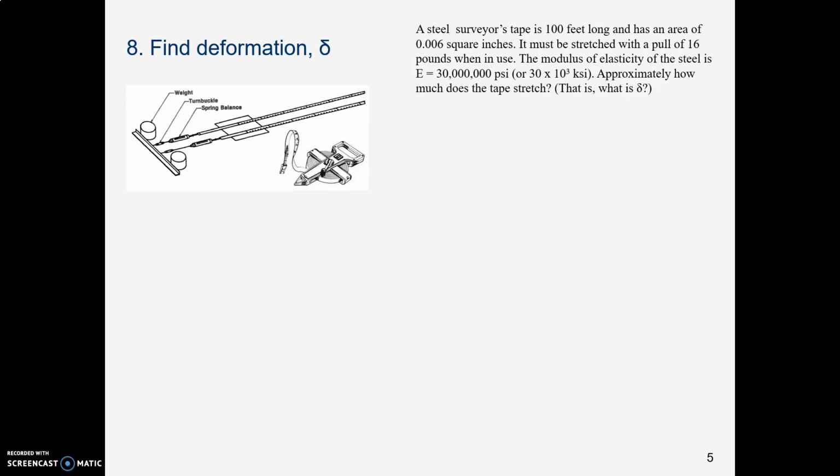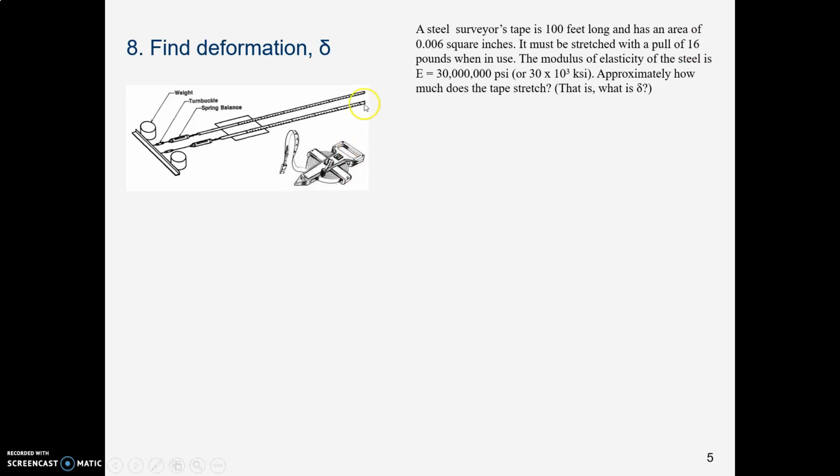All right, then on the next question, we have a surveyor's tape. It's a 100-foot tape, and it's made of thin metal, so its area is actually 6/1000ths of a square inch. And this is a surveyor's tape, so we have to be exact, and we can't just flop it down over the bumpy ground.